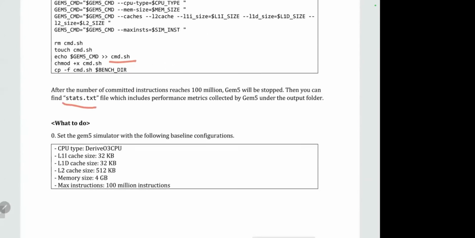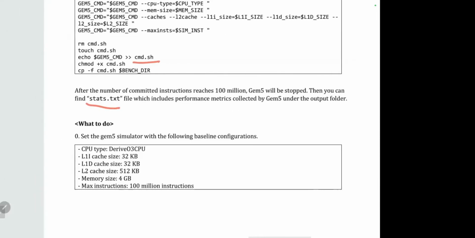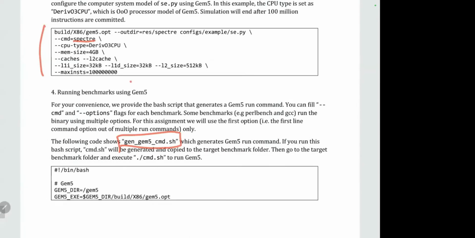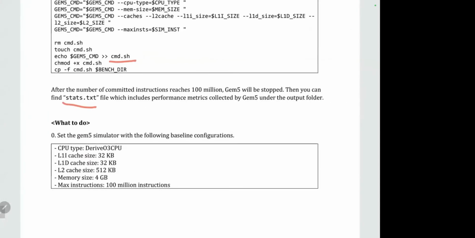So for this assignment, I explained how to run the compiled benchmarks using Gem5. Please read through this document and follow the instructions in it. For this assignment, you need to analyze the characteristics of very popular workloads.